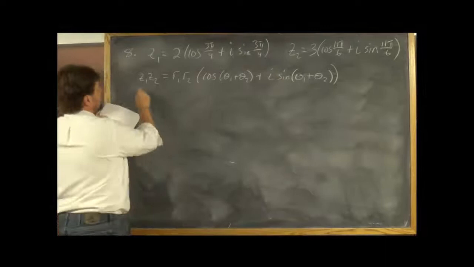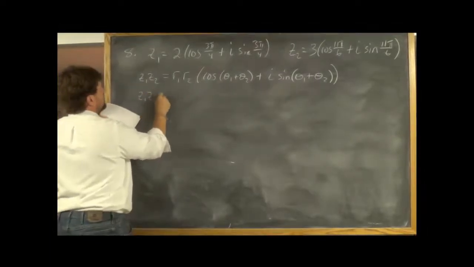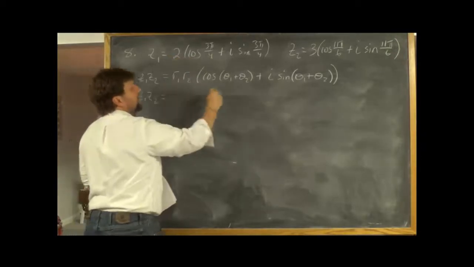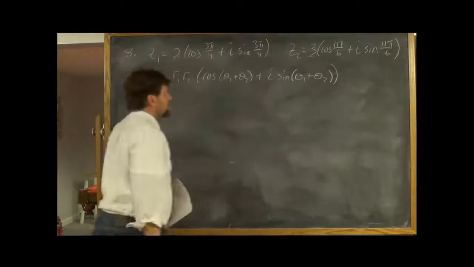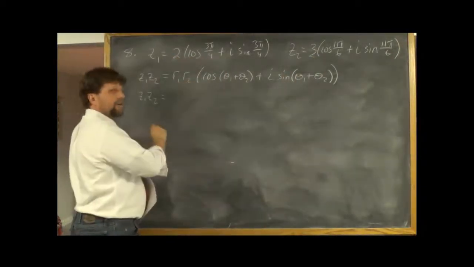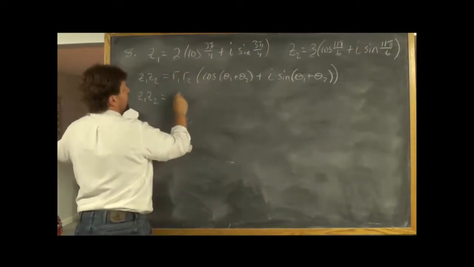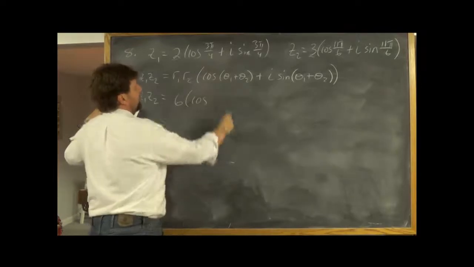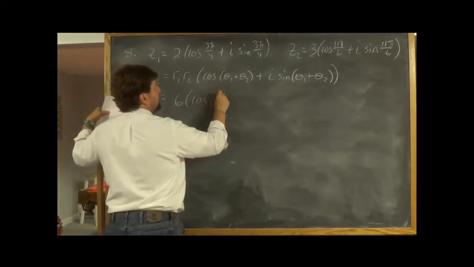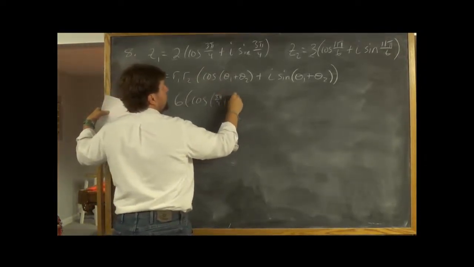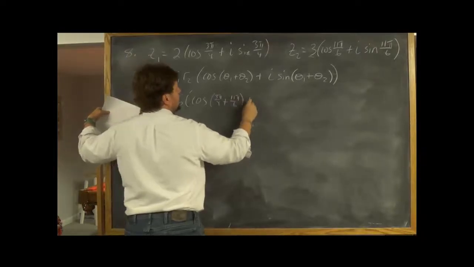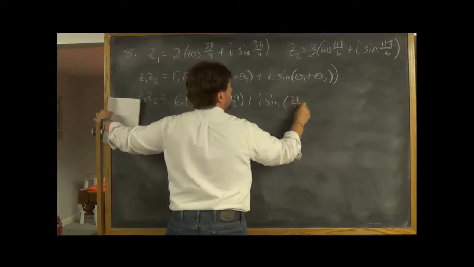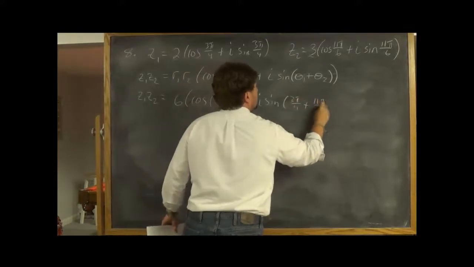So for this problem, there's R1, there's R2. So R1 times R2, that would be 2 times 3, so that's 6. Cosine of theta 1 plus theta 2 plus i sine of theta 1 plus theta 2.